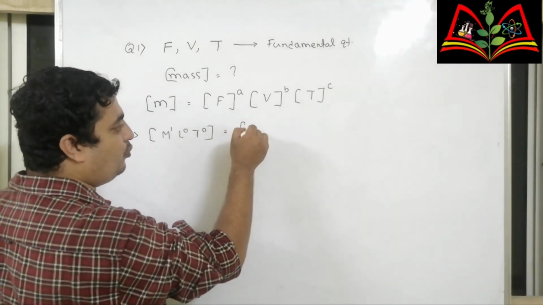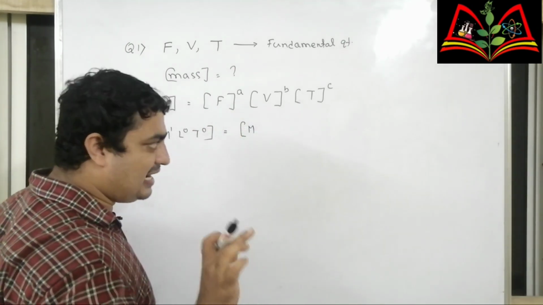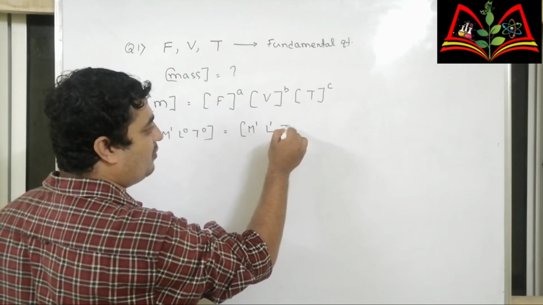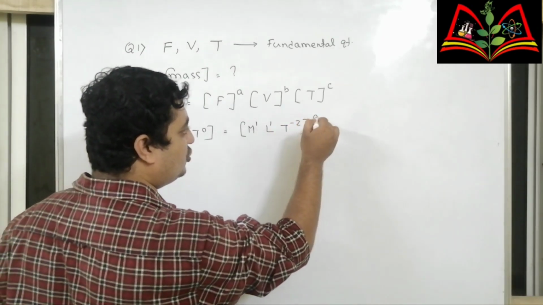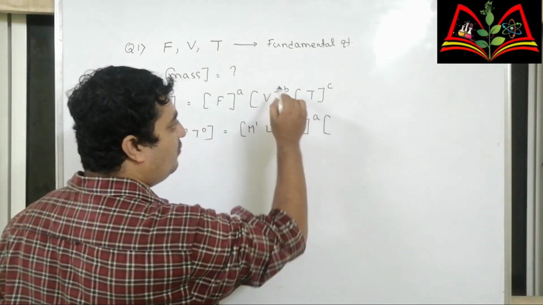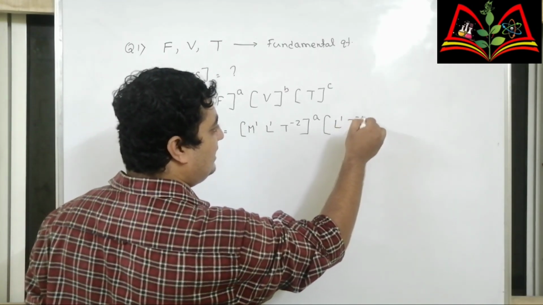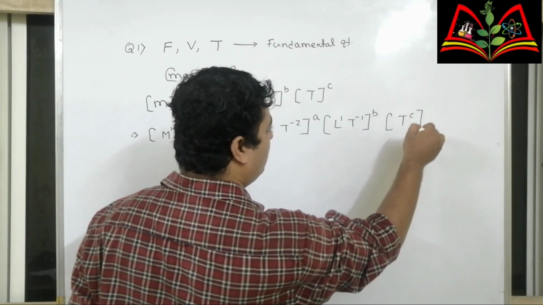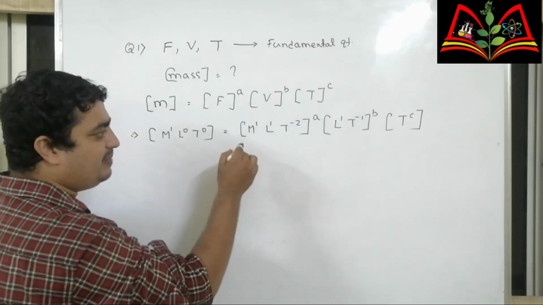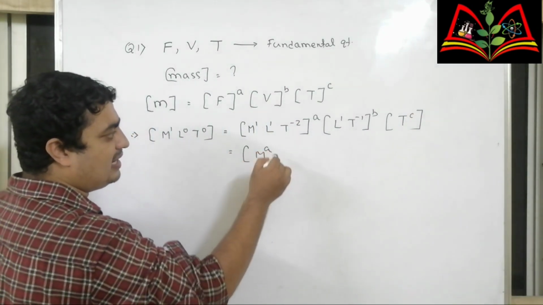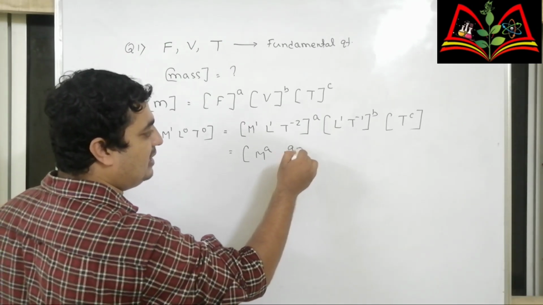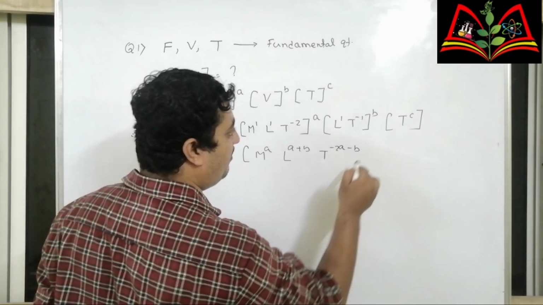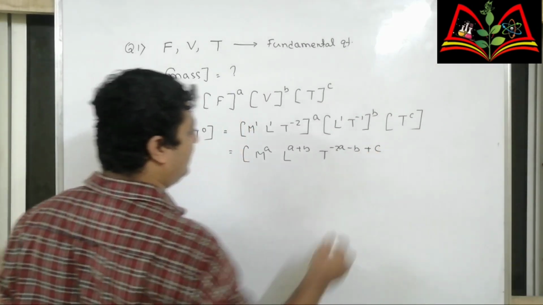Now, dimension of force in mass, length and time will be m to the power 1, L to the power 1, T to the power minus 2, to the power A, velocity L1 T minus 1 to the power B, time T to the power C. Now, it becomes m to the power A, L to the power A plus B, T to the power minus 2A minus B plus C.